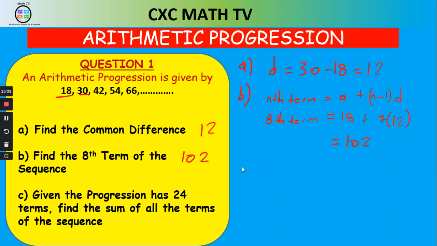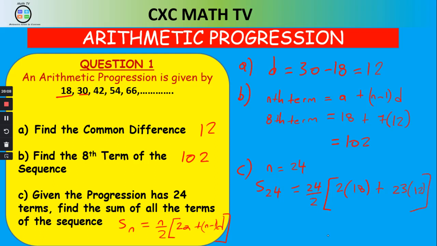Now part C, given that the progression has 24 terms, so n is equal to 24, find the sum of all the terms of the sequence. For the sum of the 24 terms, you have to remember the sum formula: Sn is n over 2 in bracket 2a plus n minus 1 times d. So this is now 24 over 2 in bracket 2 times a, which is 18, plus n, 24 minus 1, which is 23, times the common difference, which is 12.